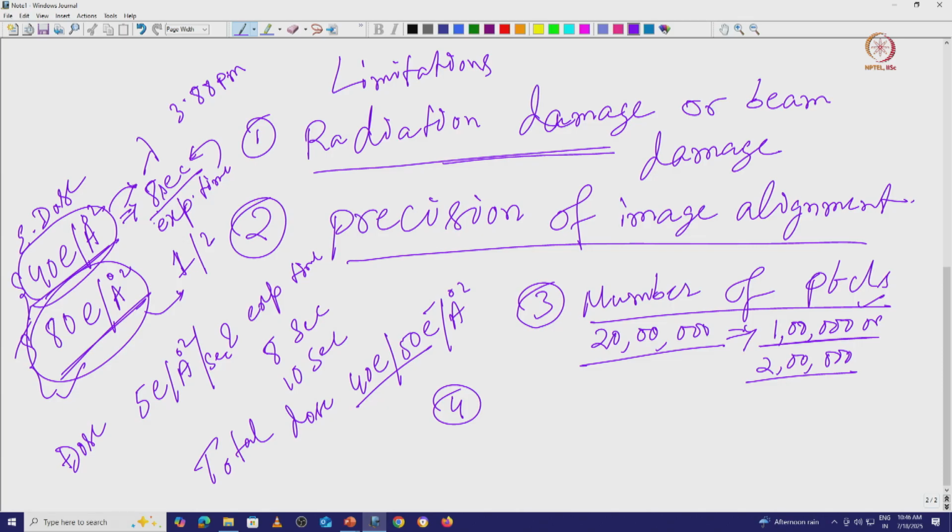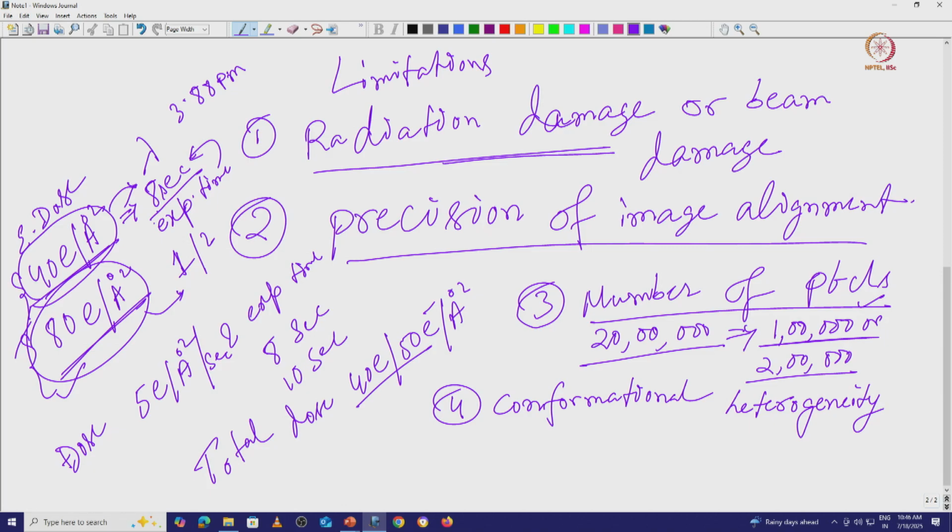So not only the different orientations, conformational heterogeneity is another problem we can face.